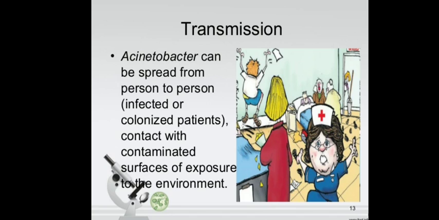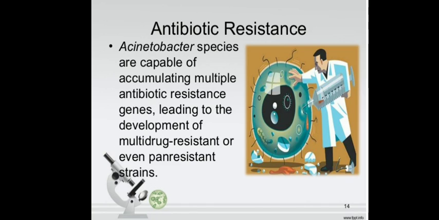Simply, if you come in contact with a patient suffering from the infection caused by Acinetobacter, or if you touch a surface which is contaminated with this organism, you can get infected with the infection.